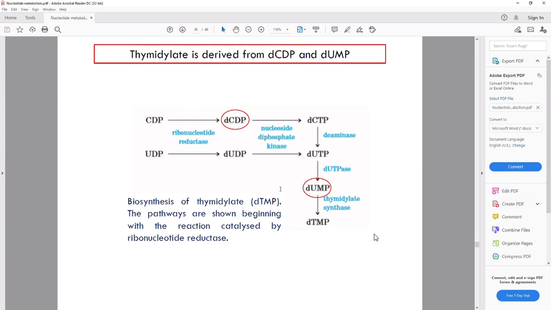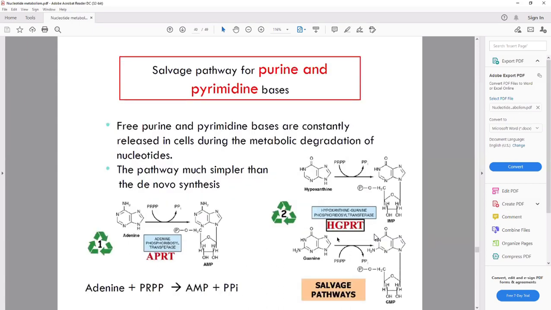From CTP to UTP to TMP, you need specific enzymes that catalyze specific reactions in the conversion from C to U or from U to T, from cytidine to uridine or to thymidine. So you need to identify what kind of enzyme and what kind of reaction is involved in each conversion.